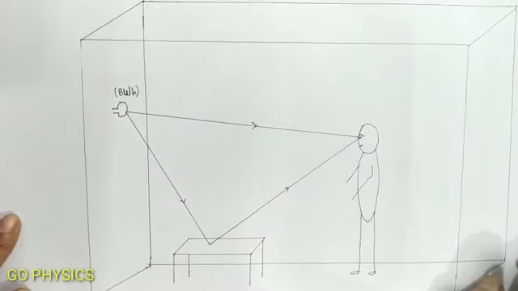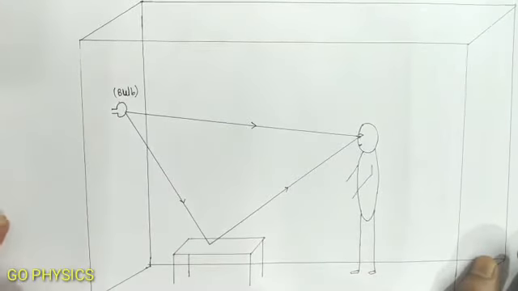Similarly, if any object is present inside the room, the person can see the object only if light coming from that object enters the eye.